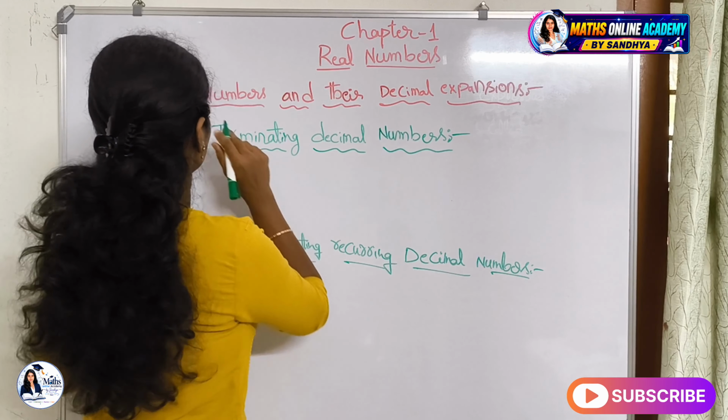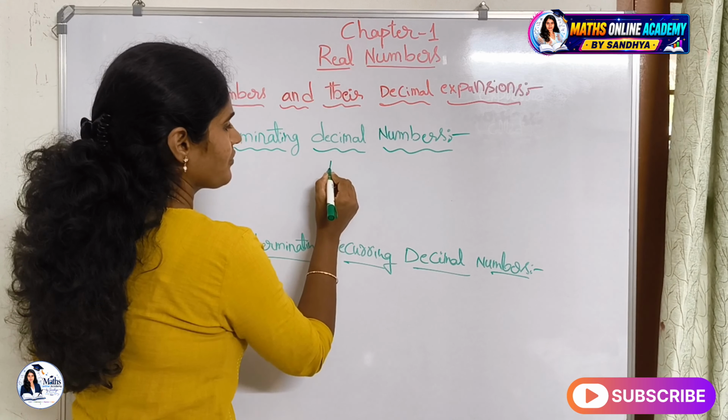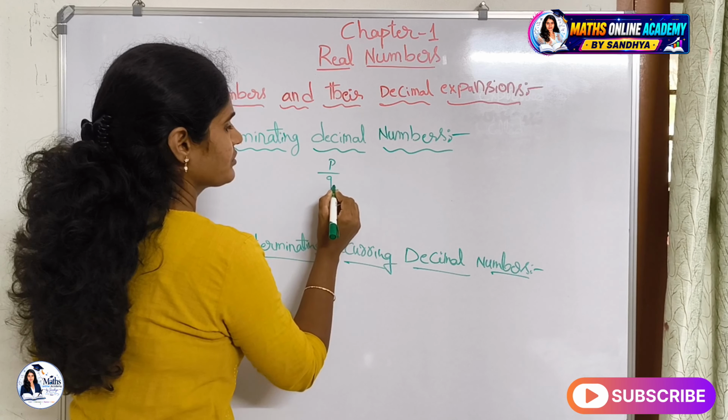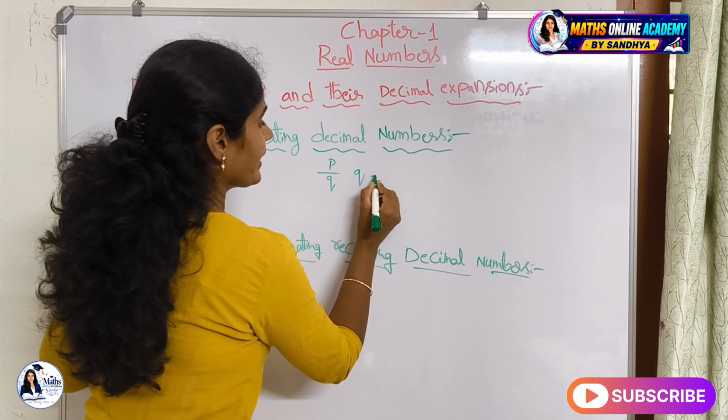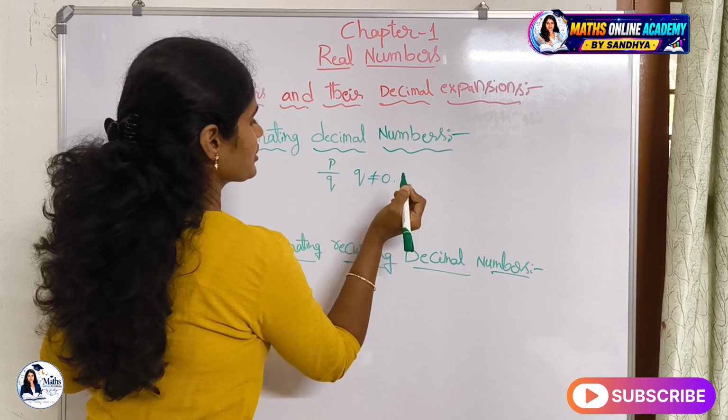We discussed that rational numbers are of the form p by q, with q not equal to 0.